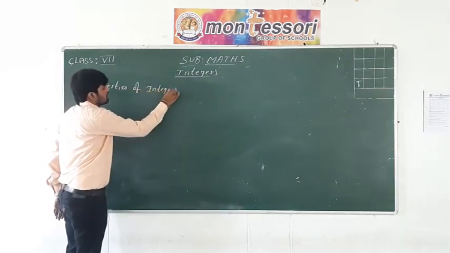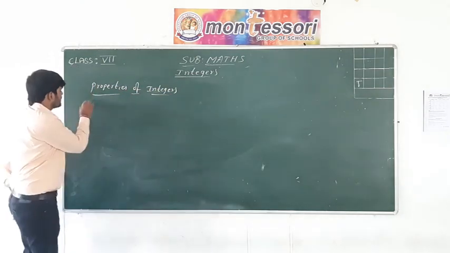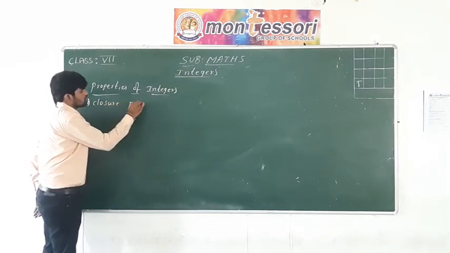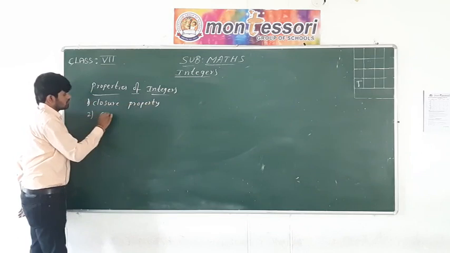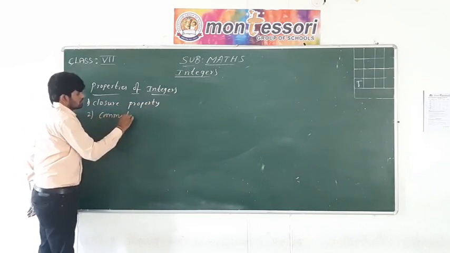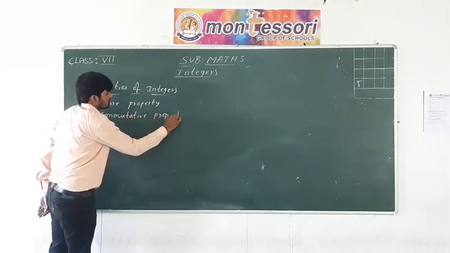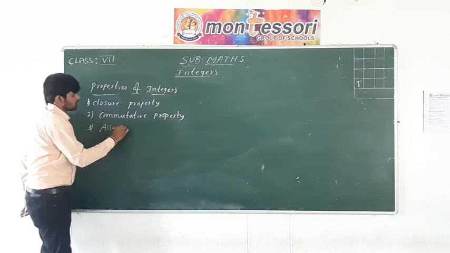So what are the properties present in the integers? First one, closure property. Second one, commutative property. And third one, associative property.